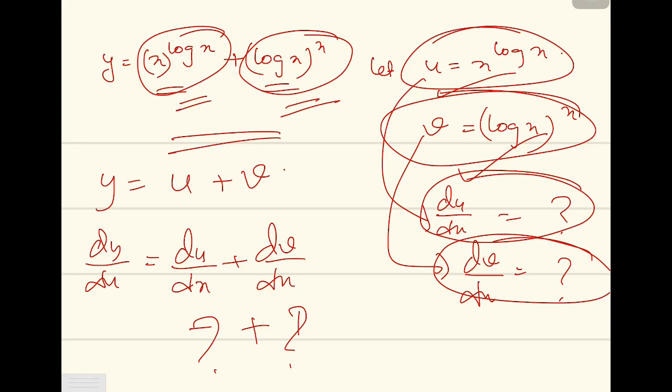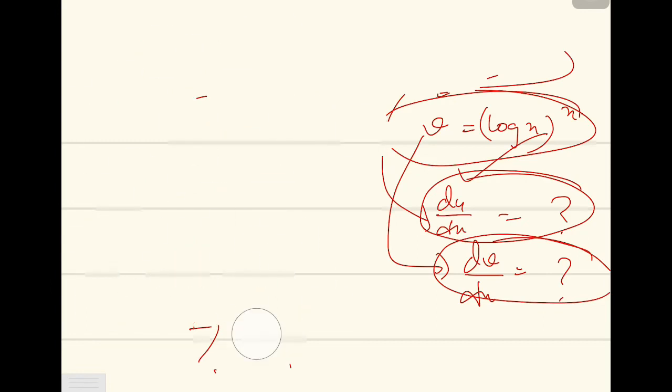Okay, how? Let me show you. Let me rub this first. You can differentiate it together like this, with the help of the formula. The question was y equals x^(log x) plus (log x)^x, isn't it? So now how to do it together directly without taking out, without separating them? This is the best way.